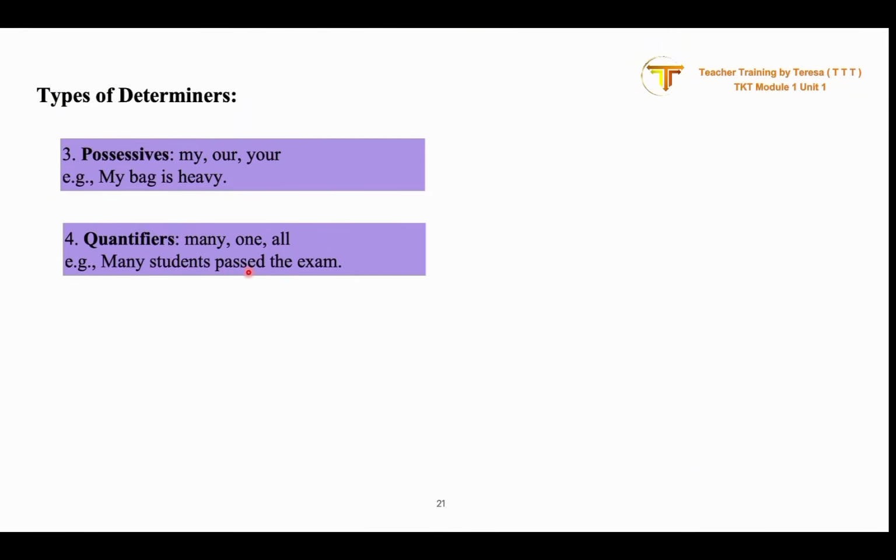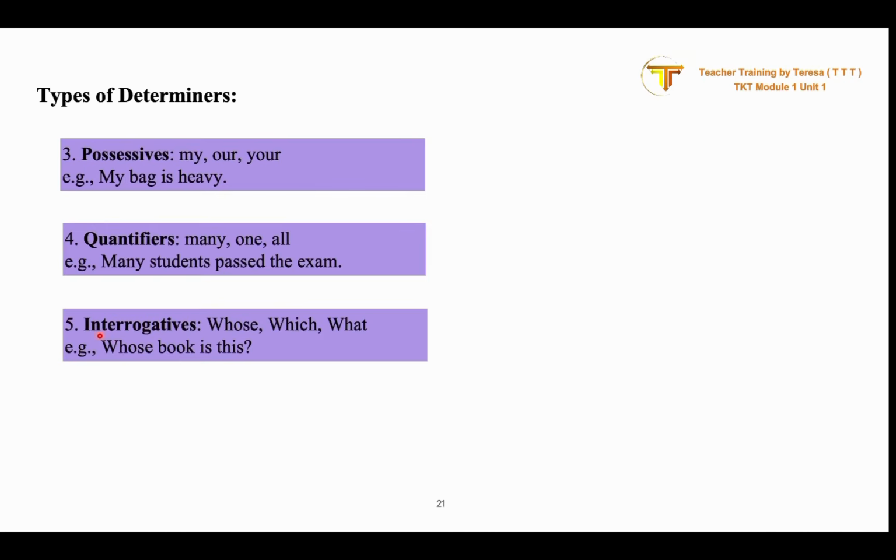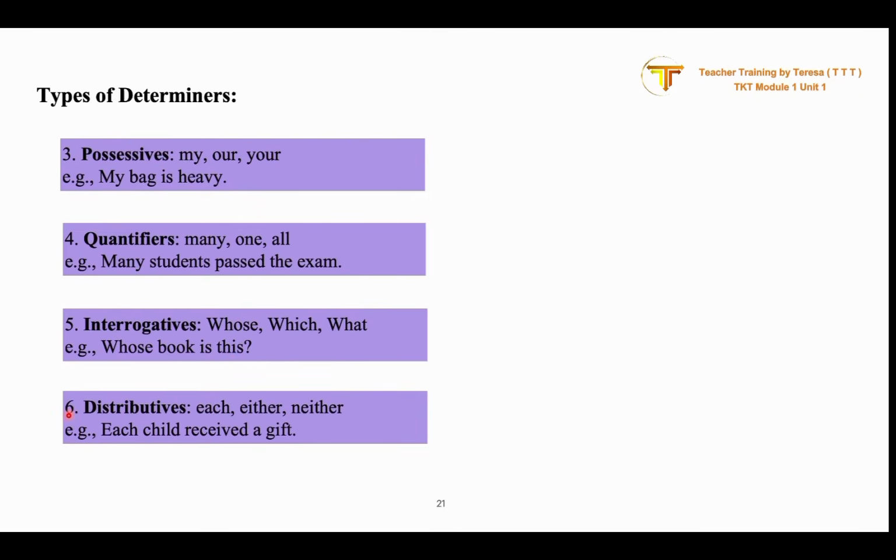Many students passed the exam. 5. Interrogatives: whose, which, what. Whose book is this? 6. Distributives: each, either, neither. Each child received a gift.